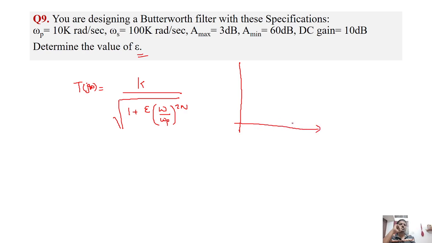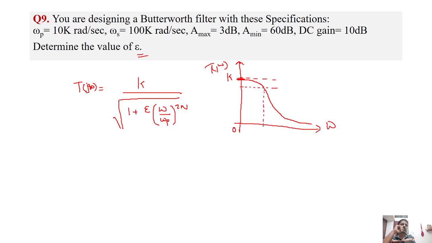So this is actually the frequency response of a Butterworth filter. At 0 frequency, this is the DC gain, so that is K, and here we have two frequencies.